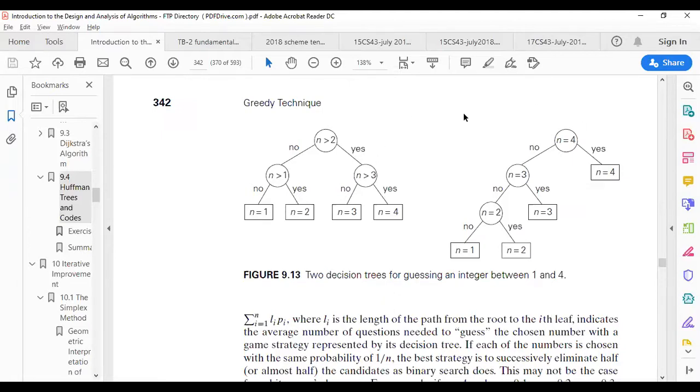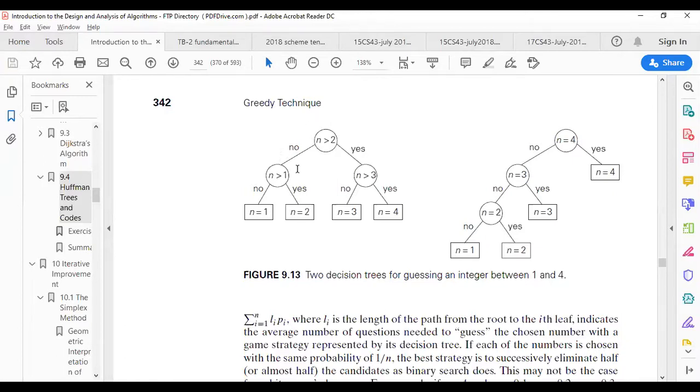How much path length should be used for that? There are 2 representations of the Huffman tree given here, which is using a decision tree to represent it. A decision tree is a tree where at every node you decide something. If you see the first tree, where we have n greater than 2, we have 2 choices: whether n is greater than 2 or not.